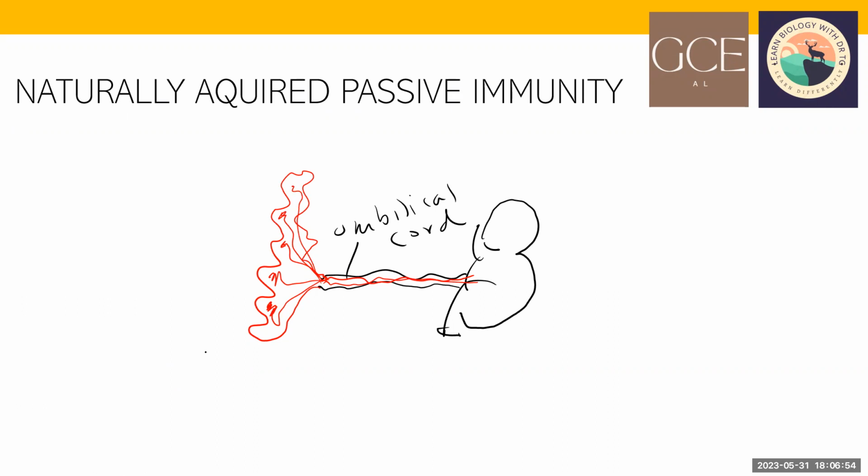And the mother's blood supply is now coming to this place and is leaving. So this is called the placenta.